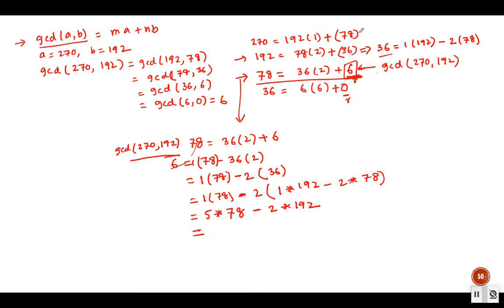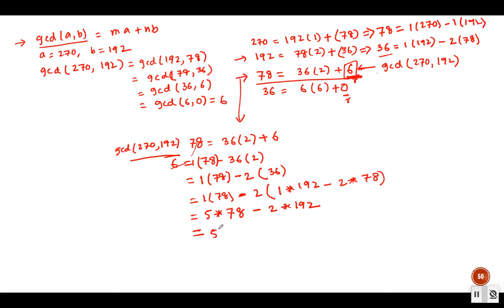Now let's go back to the earlier line. How can I replace 78 here? I can replace it with 1 times 270 minus 1 times 192.